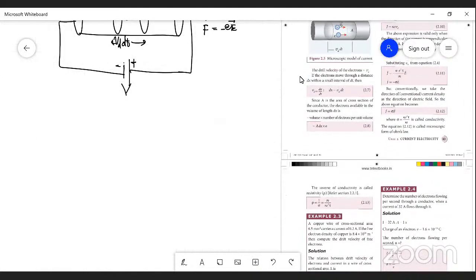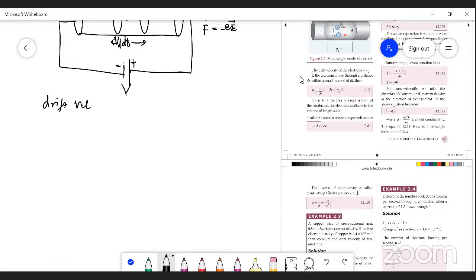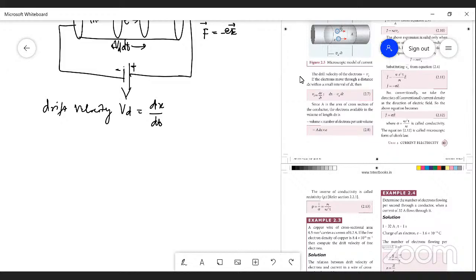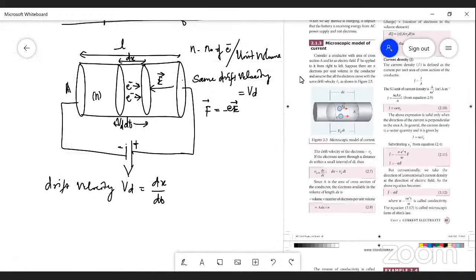Now, we can write the expression for drift velocity. Vd can be expressed as dx divided by dt. You know very well, velocity is distance traveled divided by time taken. Here in this diagram, dx is the length of the assumed conductor.